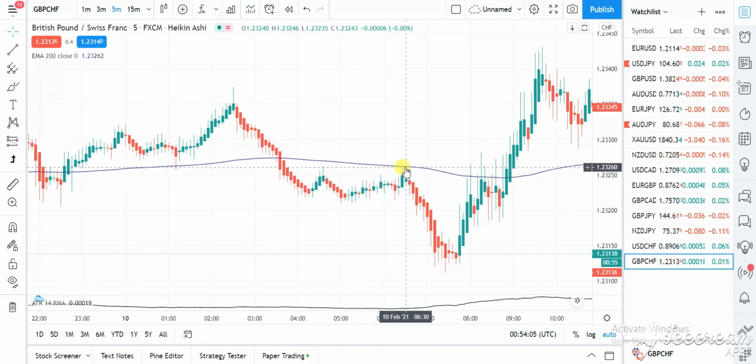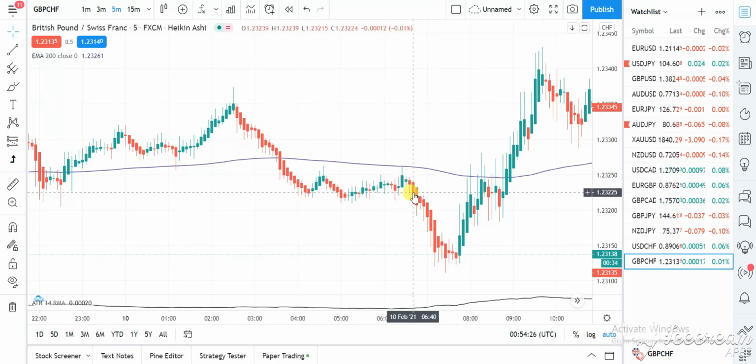So after seeing the touch of the 200 EMA, we want to see two Heikin Ashi bearish candlesticks for a sell. This is for a sell trade. So 1, 2, you can see after the touch we saw this green candlestick, and then we saw this bearish candlestick and this bearish candlestick.